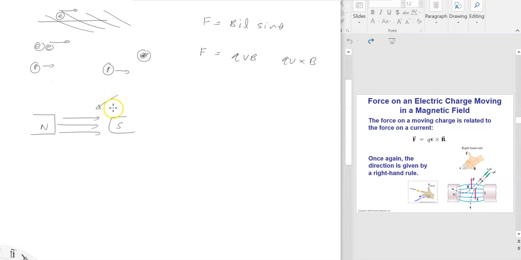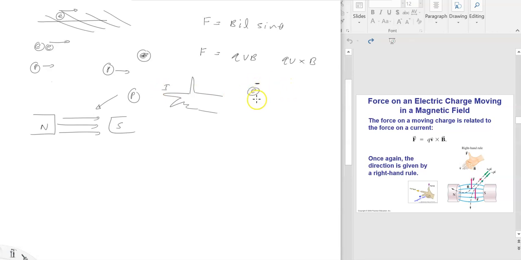So the proton comes in. You can use the right hand. It's a positive charge. So in this right hand rule, the direction of the current is the same as the direction of the proton. It's the opposite if you have an electron. This is a negative charge.